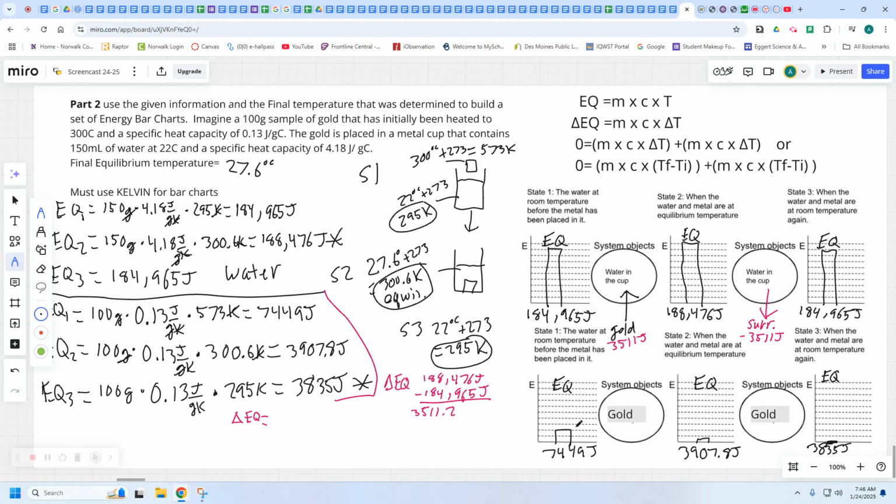And now we can go and do the change-ins between them. So the gold decreased EQ because it gave energy to the water, because the water was cooler. So we're just going to subtract state 1 from state 2 to get the change in. So 3,907.8 joules minus the initial state 1.